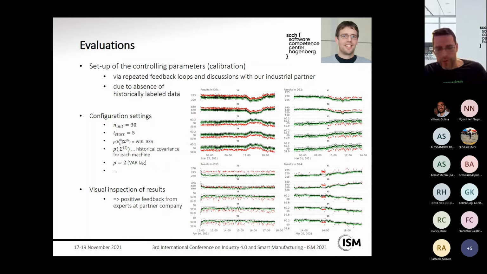And also, of course, to the feedback of the customer that was very positive. So one can see here that all the red points are detected as outliers, and this is exactly the outcome that was wanted from the visual inspection by the experts at the industry partner.